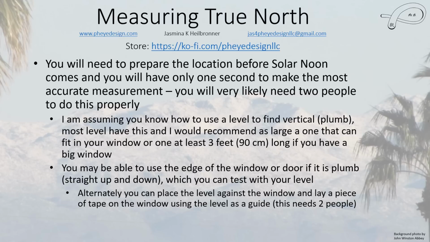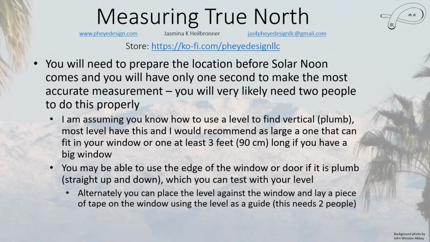as a guide. Now you need to make sure that the tape is up against the edge of your level when the level is in the plumb position, and it doesn't overlap or gap from that edge. And that may take a few times to do to get it right, because it's a little tricky.